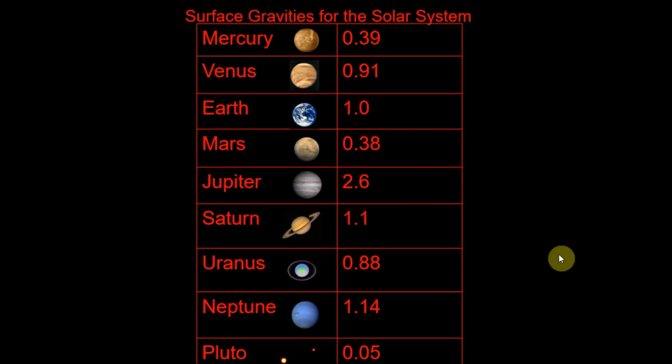Uranus and Neptune are a very similar deal, both rather large planets, but given 0.88 and 1.14 in terms of their gravitational attractions, due to the fact that their densities are not that high. Pluto, of course, is a tiny little body, not a lot of mass, 0.05 Earth gravity.